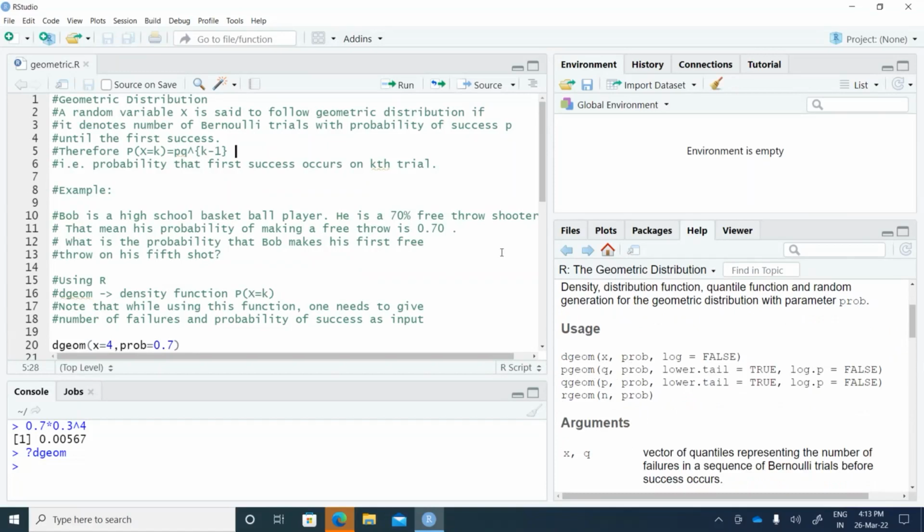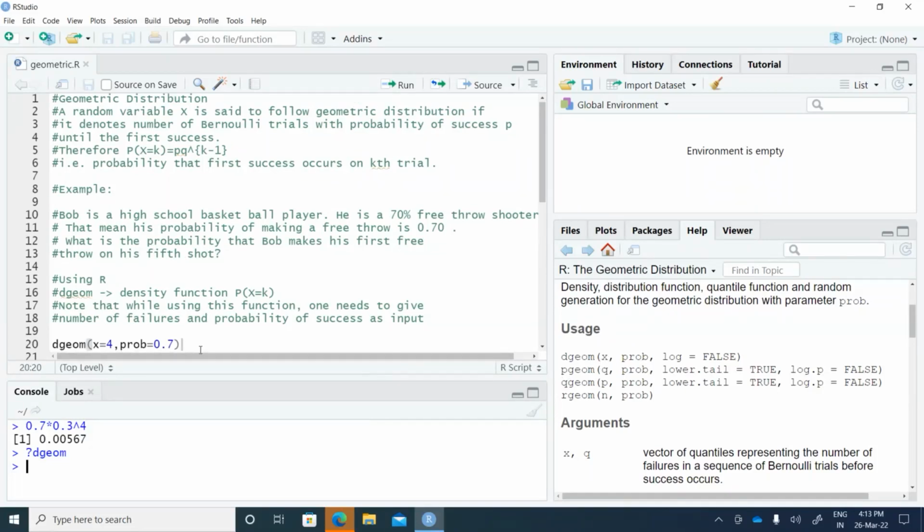Here, x means the number of failures before you have got the success. So if the first success has come on the kth trial, in this function I would be putting the value of x as k minus 1. And prob is the probability of success. I'll come to this as and when we look at the remaining functions like pgeom, qgeom, rgeom, and so on.